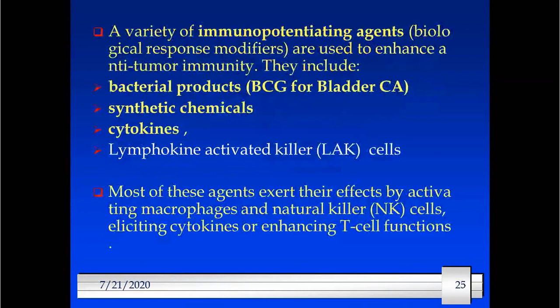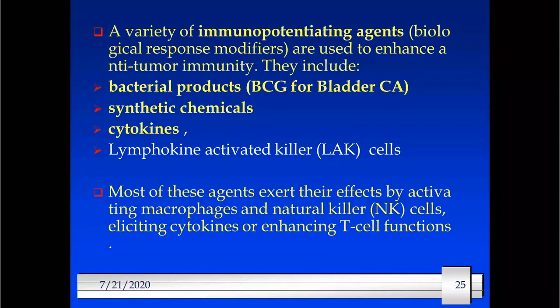A variety of immunopotentiating agents are used to enhance anti-tumor immunity. One example is BCG. The BCG vaccine is the vaccine of tuberculosis, used here to potentiate the action of macrophage and T helper 1, and it is used in bladder carcinoma. It is a routine line of therapy in bladder carcinoma treatment.